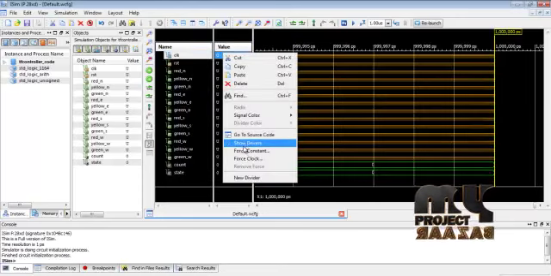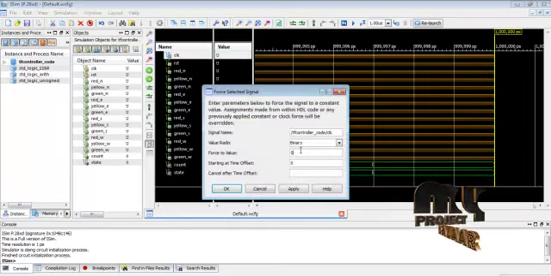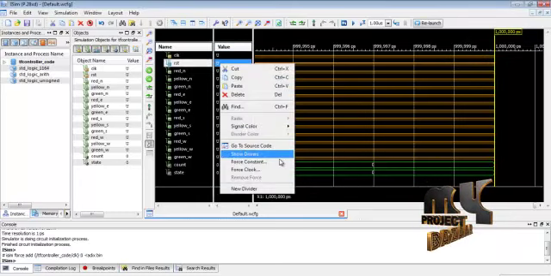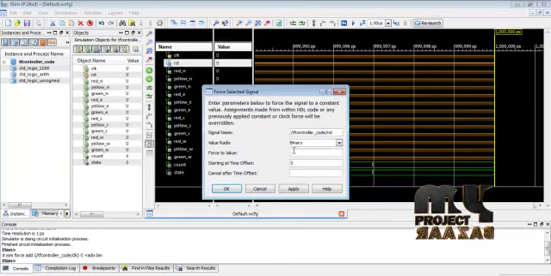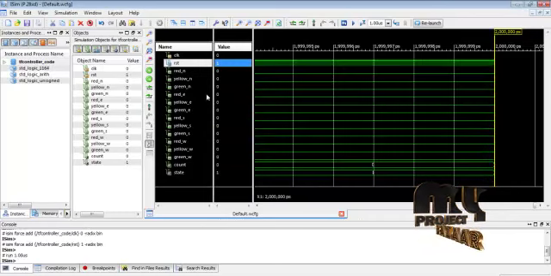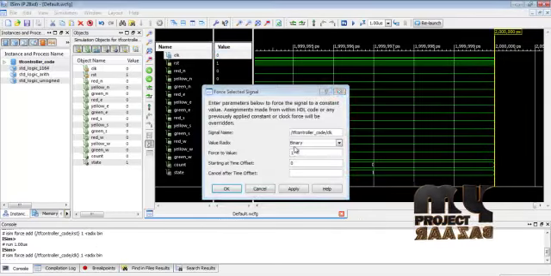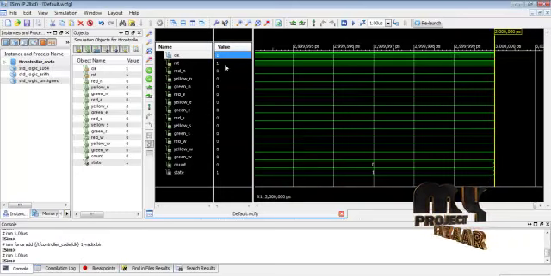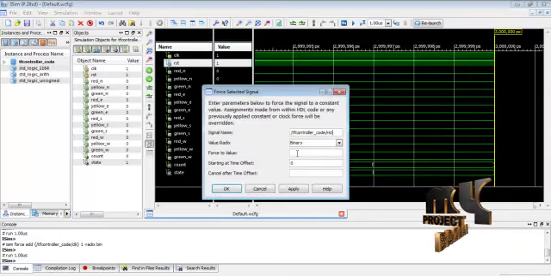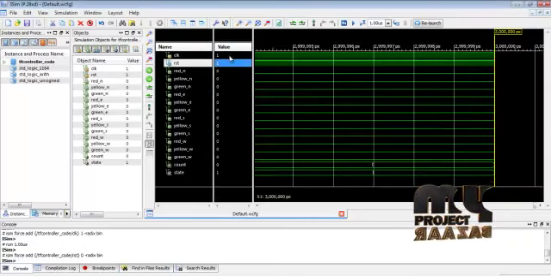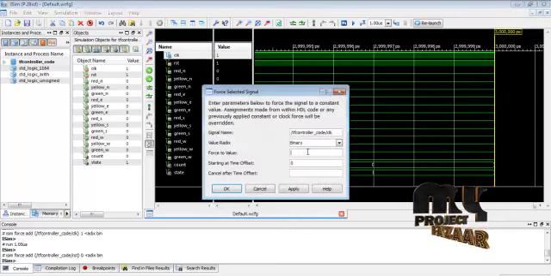Then we apply the clock and reset function for the overall architecture. With the reset condition, all outputs are set to 0. Then we deactivate the reset and apply the clocking functions.